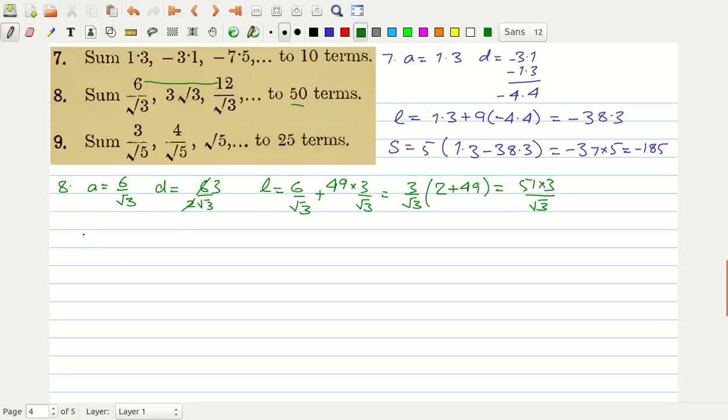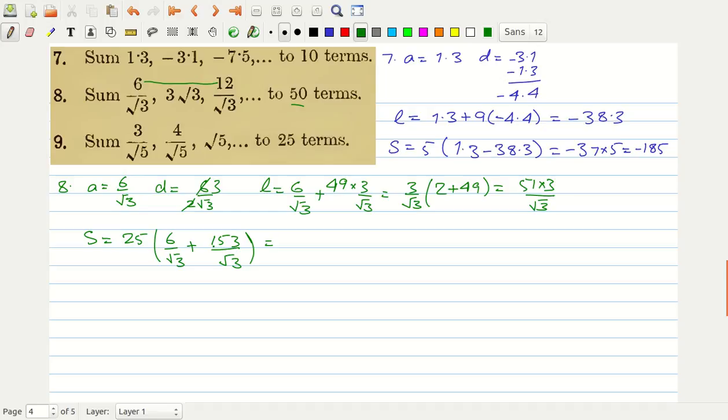So what will be the sum? The sum will be n by 2. So 50 by 2 is 25, times a, which is 6 by root 3, plus 3 times 3 times 153 by root 3.